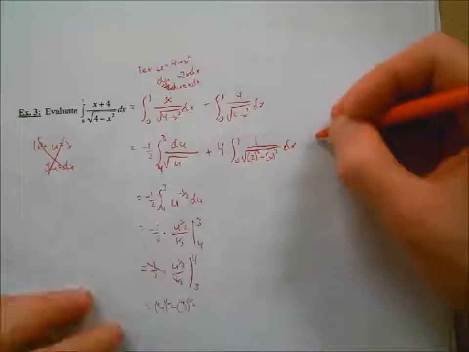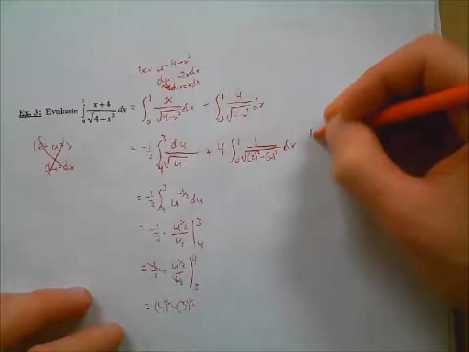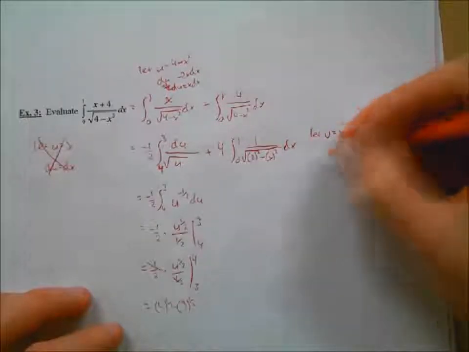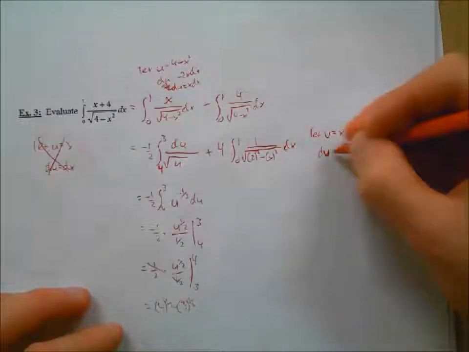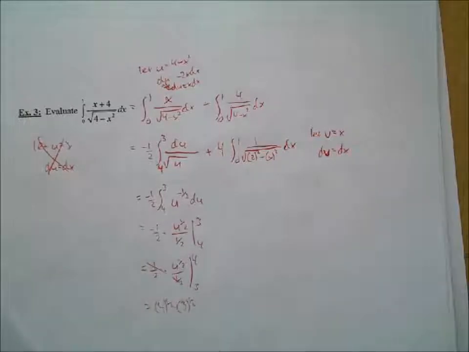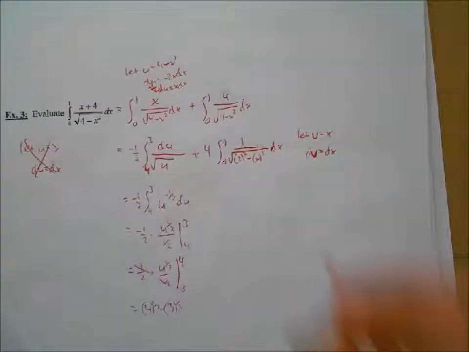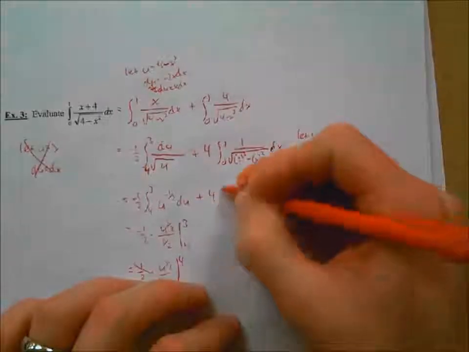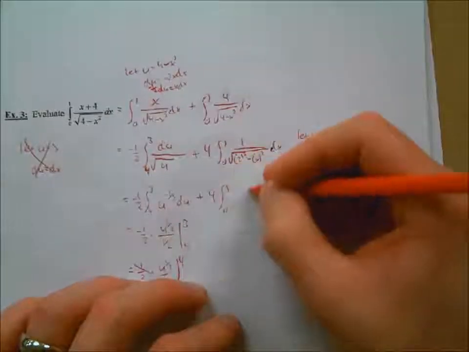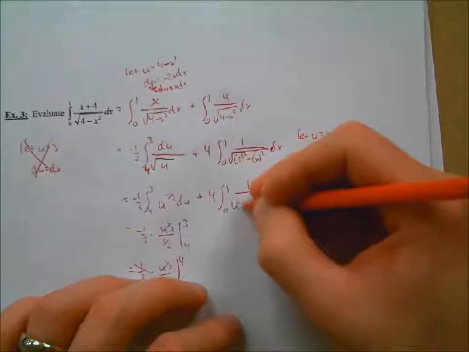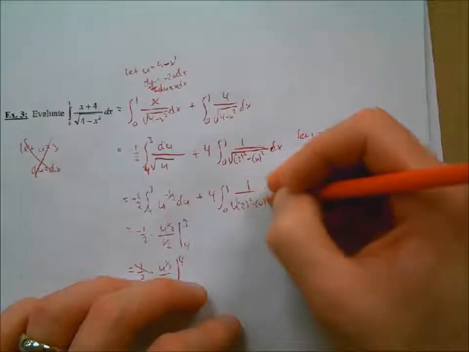So I'm going to use v. Let v equal x, so dv equals just 1 dx. And so this becomes 4 times the integral, still from 0 to 1, of 1 over the square root of 2 squared minus v squared dv.